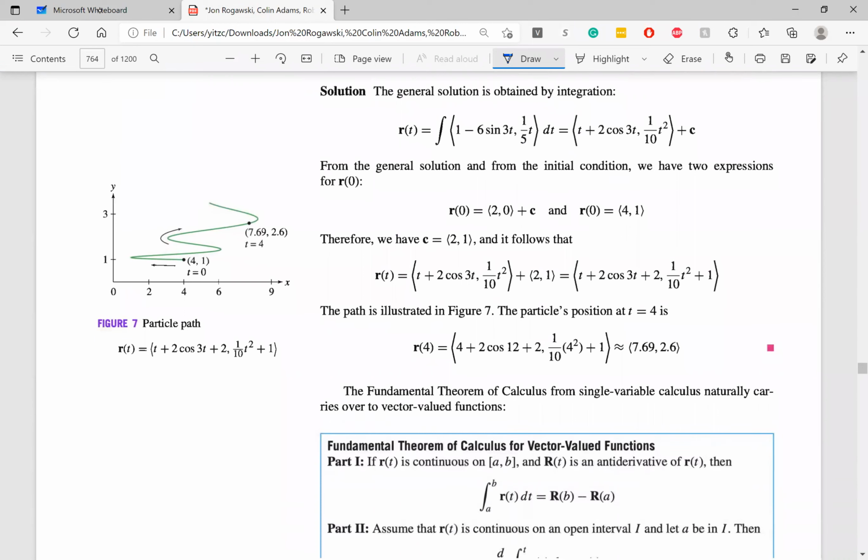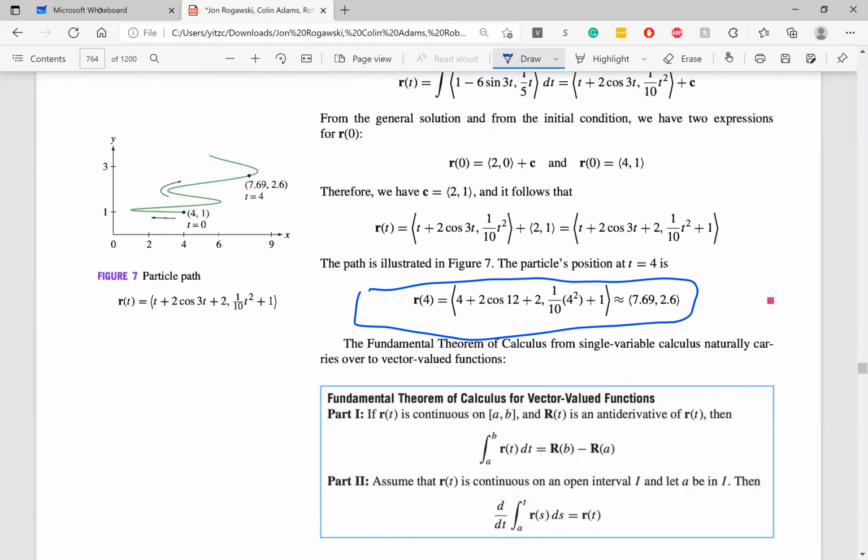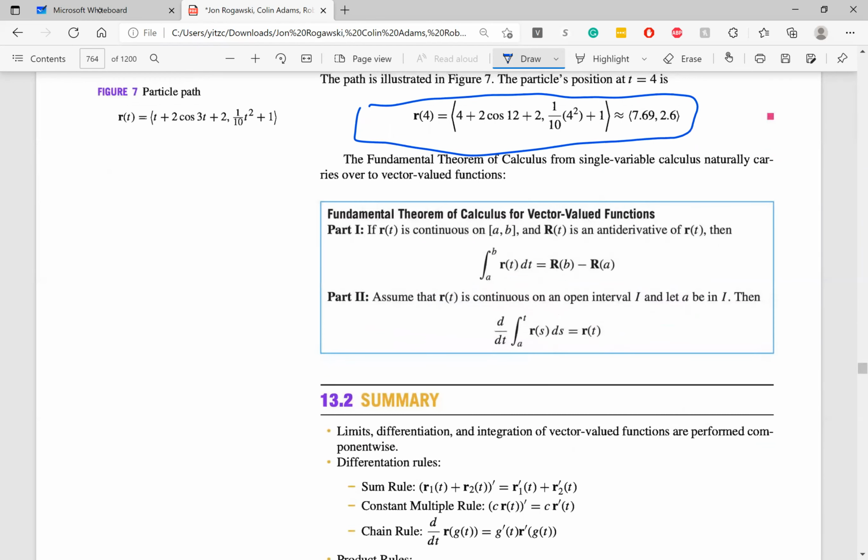So that's what they show you over here, and this is the last step. We see that if you have the velocity and an initial condition for your R, you can find R. If you have acceleration and an initial condition for velocity and an initial condition for R, then you can find your R. We also have the fundamental theorem of calculus, just now for vector valued functions, but it's basically the same thing.